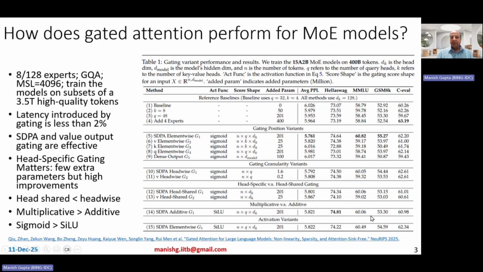Okay. So there are many results here, and they experiment with various settings: changing the gating positions, changing the gating granularity, head-specific or head-shared, and so on, as I discussed on the previous slide, right?